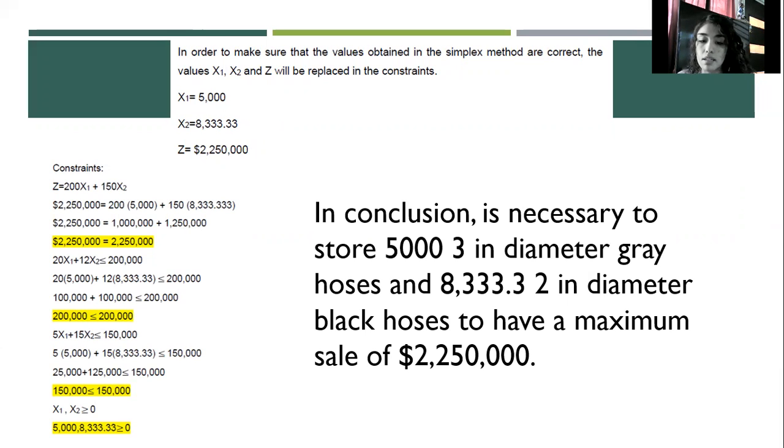So the maximum sale will be 2,250,000 pesos, selling the 500 and 8,333.3 houses of this type.